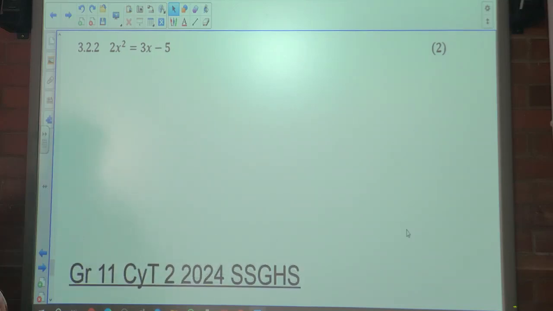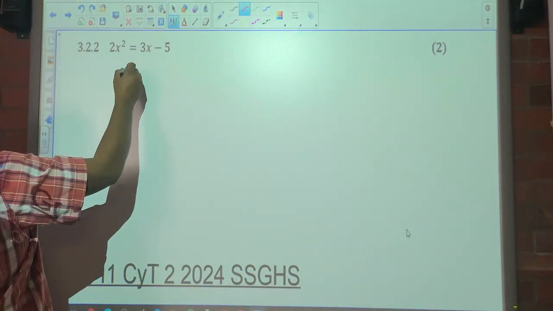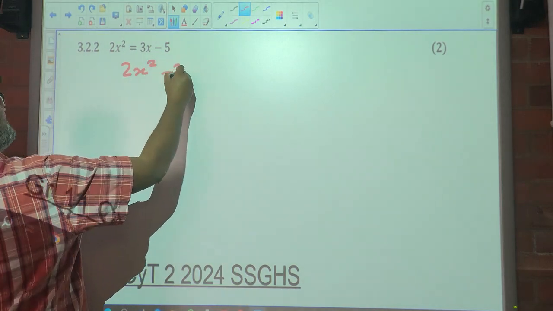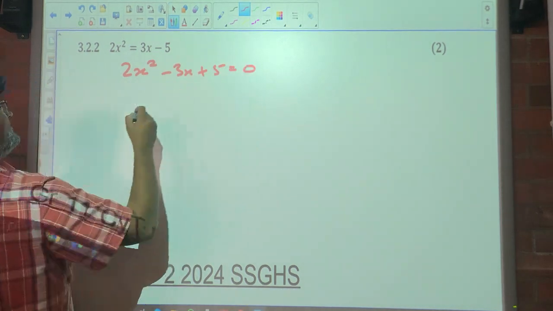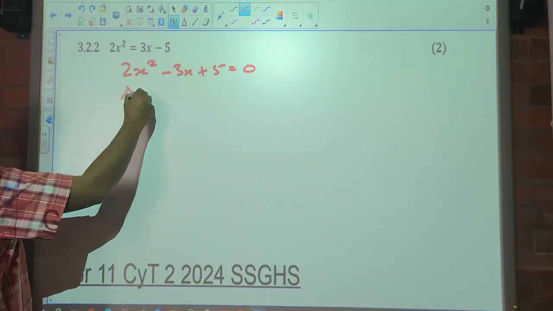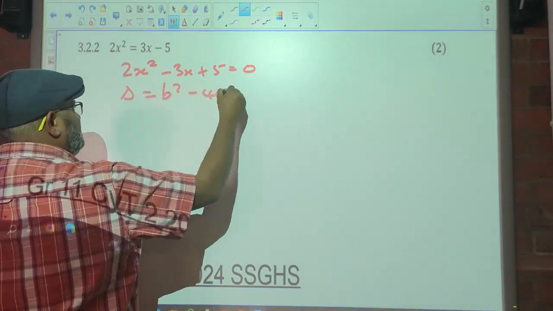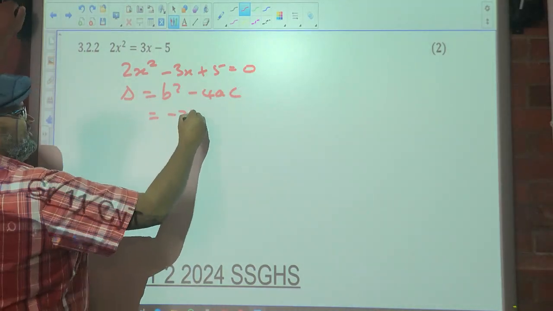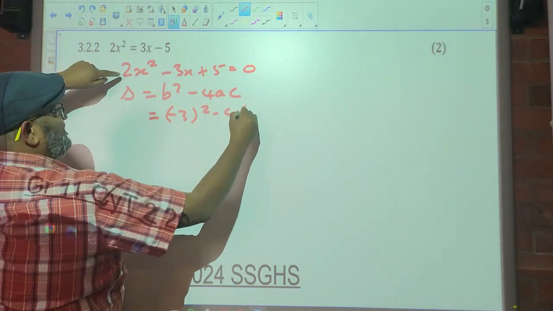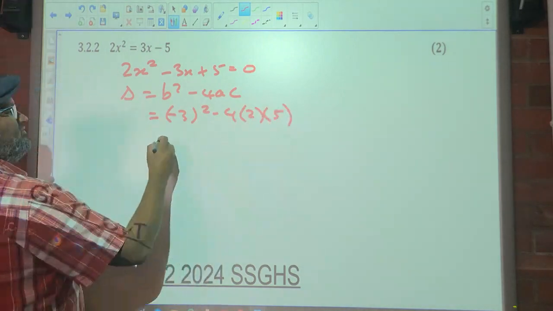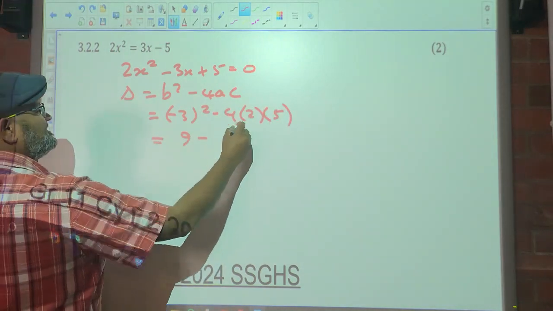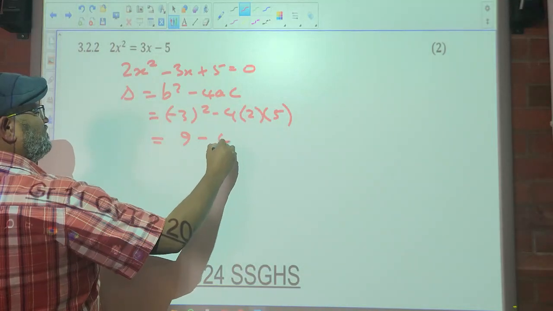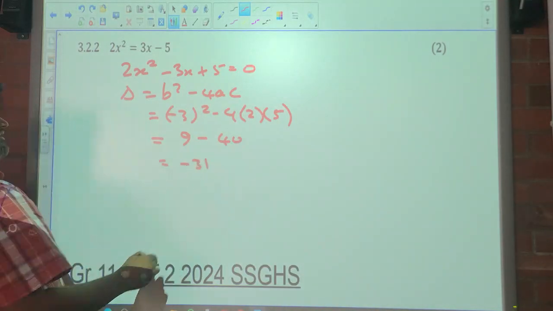People, this is 3.2.2. First get it in standard form. So 2x squared minus 3x plus 5 is equal to 0. So delta is b squared minus 4ac. Your b value is negative 3 squared minus 4, your a value is 2 and your c value is 5. So that gives you 9 minus 40, which is negative 31.